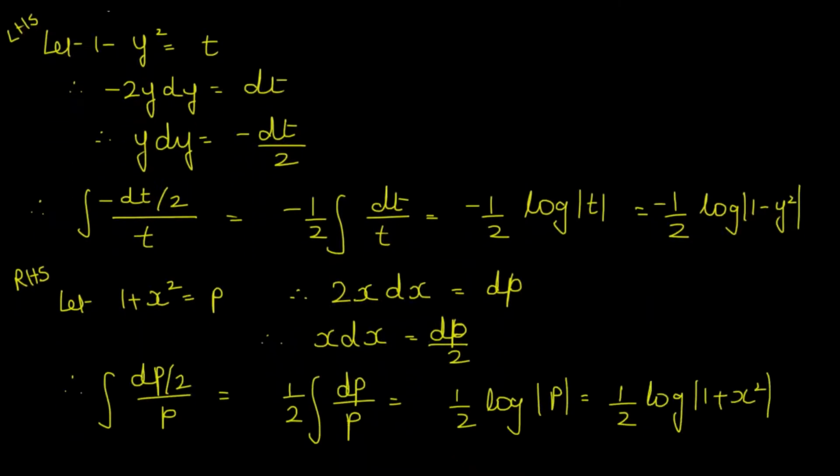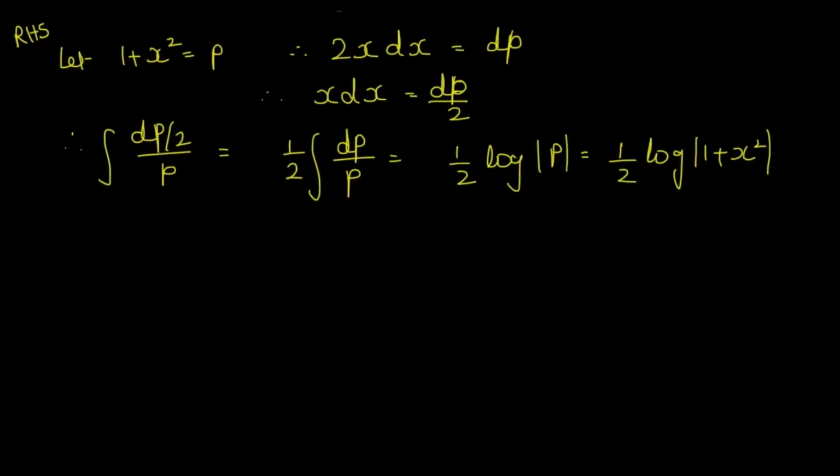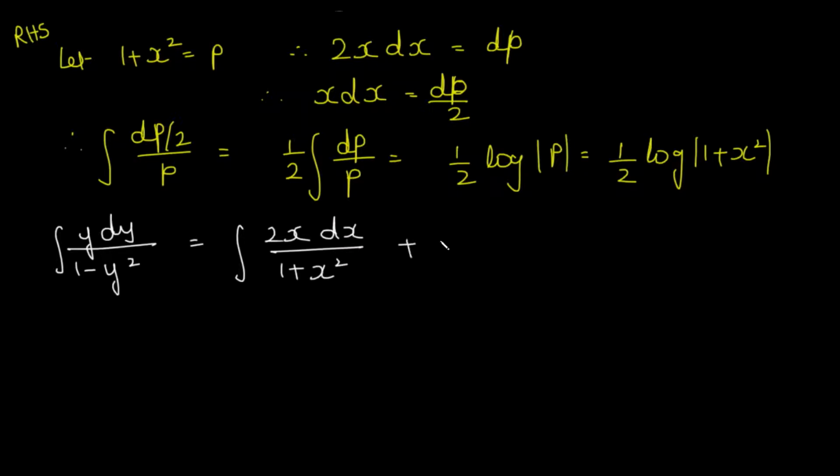Therefore the question term was integral y dy upon 1 minus y square is equal to integral 2x dx upon 1 plus x square plus c.